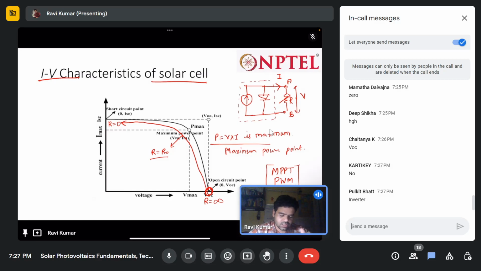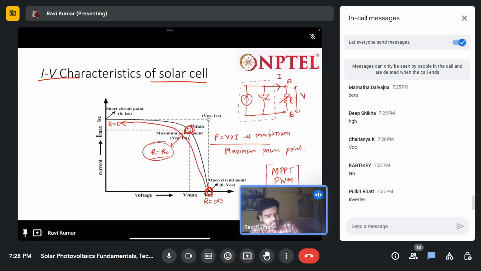Between the inverter and the solar cell or solar module, we have a device that tracks this Pmax, because we want maximum power to be extracted from a solar panel. That maximum power can be extracted at a particular point, and that point can be traced using dynamic resistance, which we can do with a device. Using this device, we track this maximum power point and obtain the maximum power.